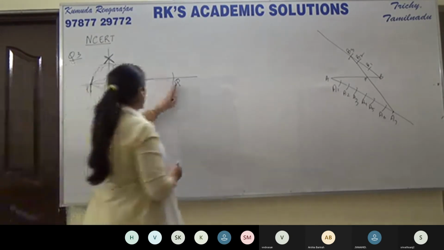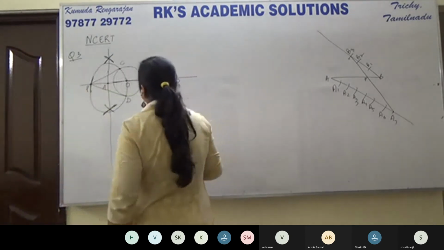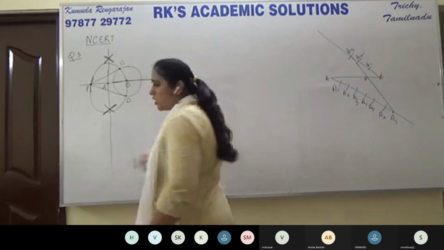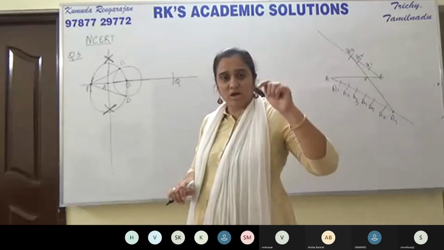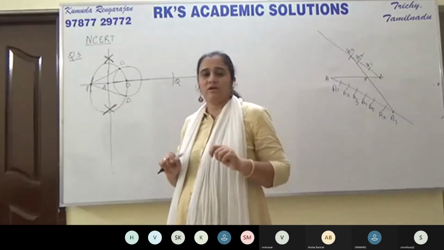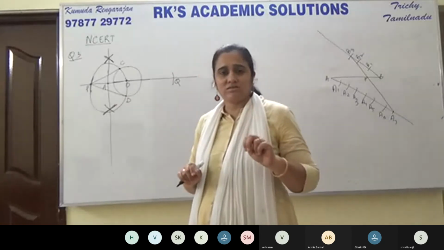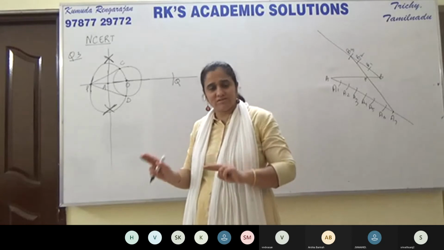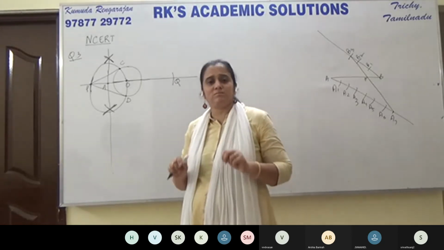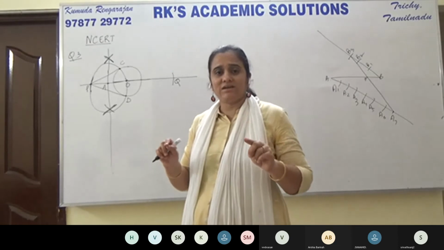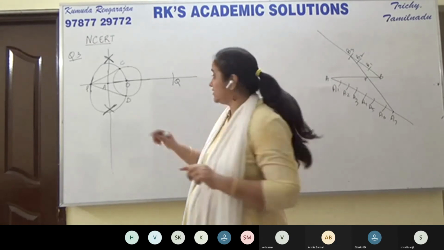Repeat the same thing here. OQ. We should always construct the perpendicular bisector of the line segment joining the center and that external point. To draw 2 tangents from an external point, we should always first construct the perpendicular bisector of that line segment joining the center and the external point.